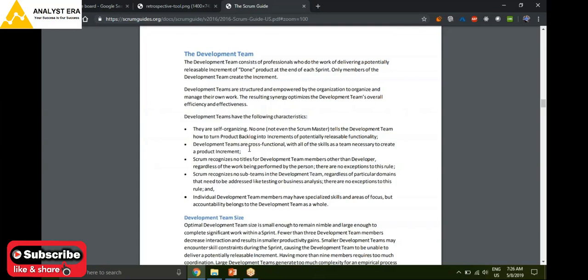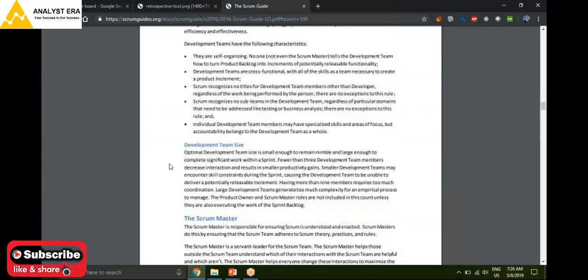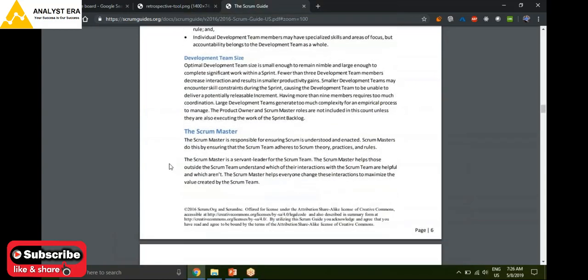Scrum recognizes no titles regardless of the domain. So essentially, it is all speaking about your dev team's responsibilities. What are the roles and responsibilities inside a Scrum process? You can just go through that. I believe with your experience, it would be straightforward to understand.